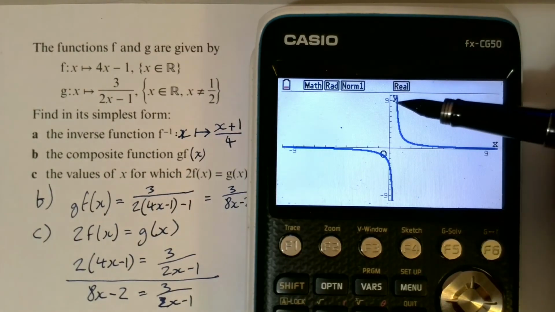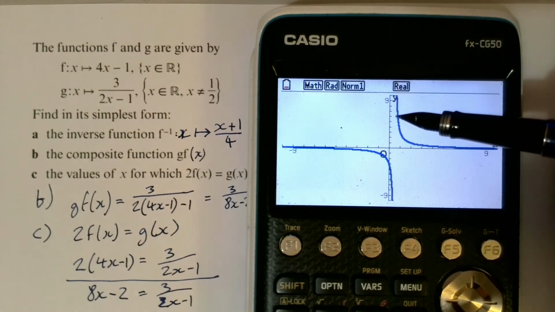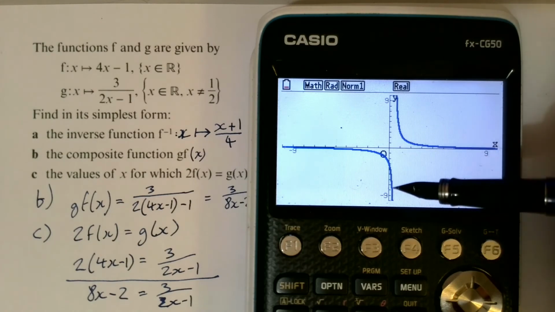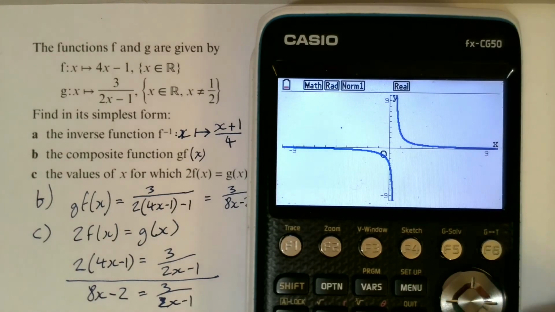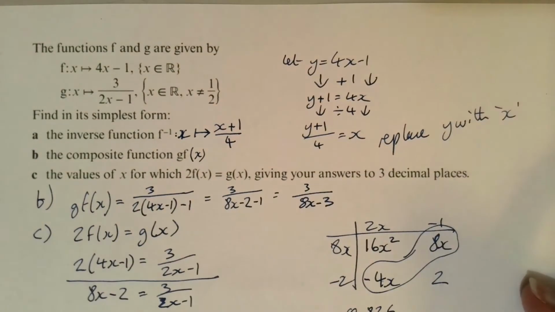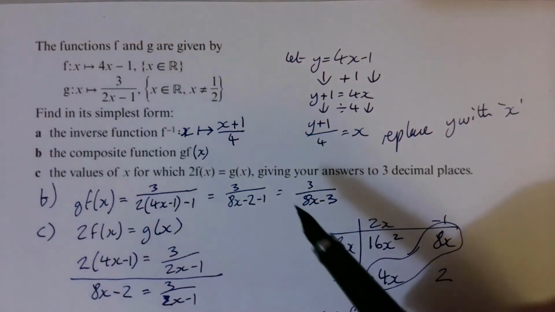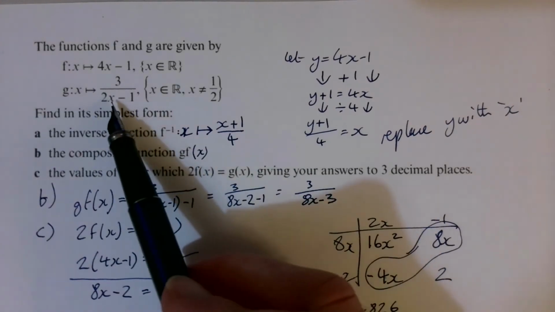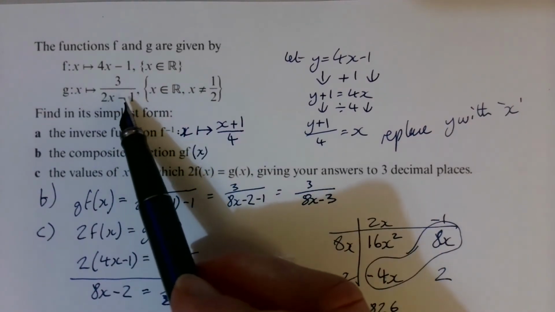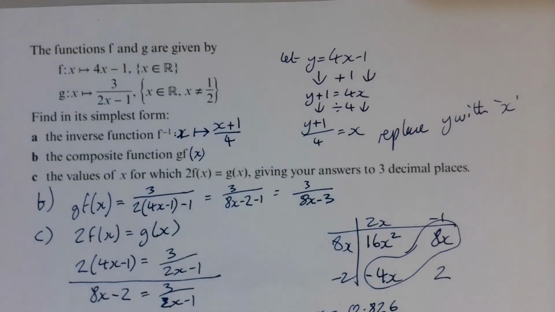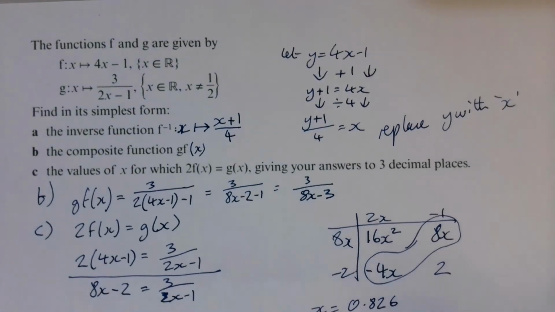You see here we've got an asymptote coming in here at a half where you've got no real values, and that's because if x is a half, 2 times a half is 1, 1 take 1 is 0, and you know we can't divide things by 0, can we?